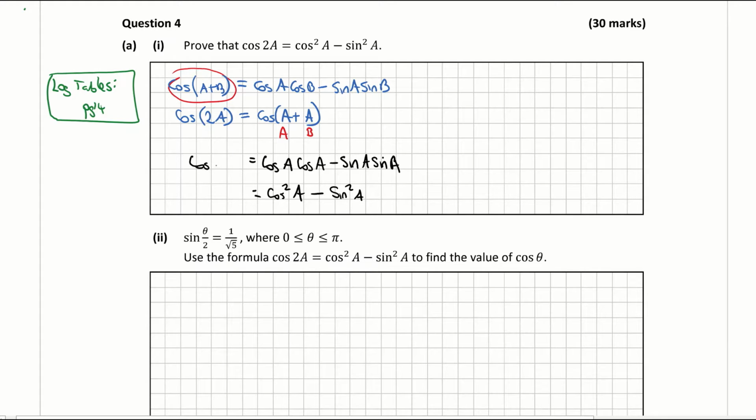So that's cos(A plus A), which is the same as cos of 2A. And that's it. It's simply put as that.